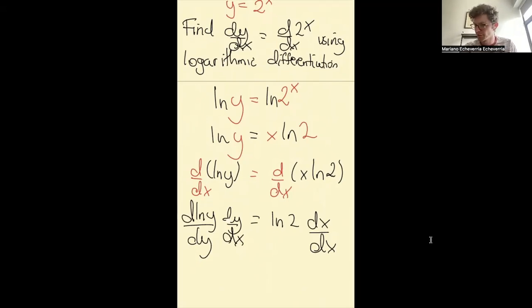Let me give this a different color, as usual. Now you have the formula for the derivative of natural log, which I wrote a bit earlier.